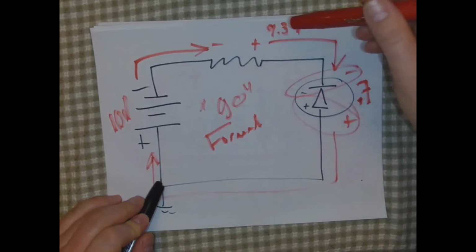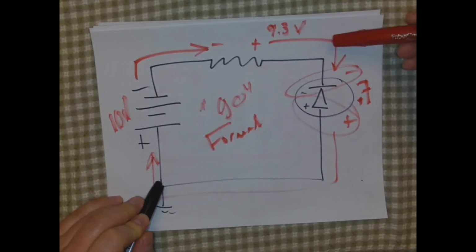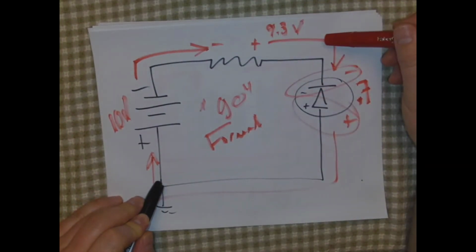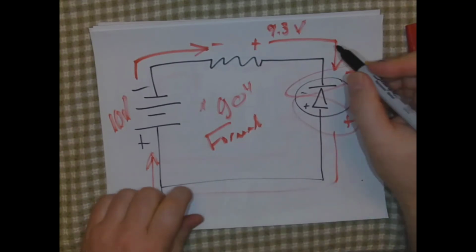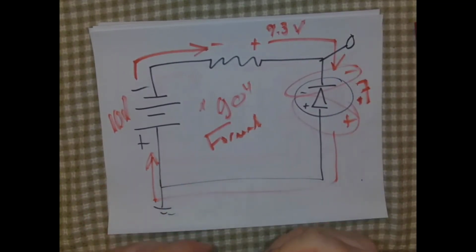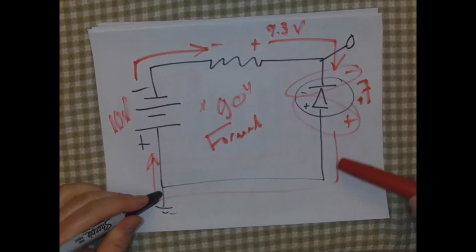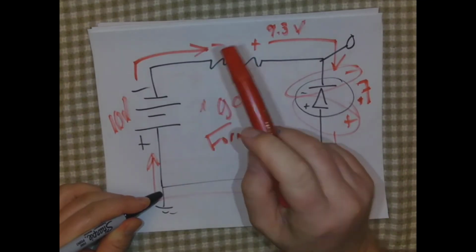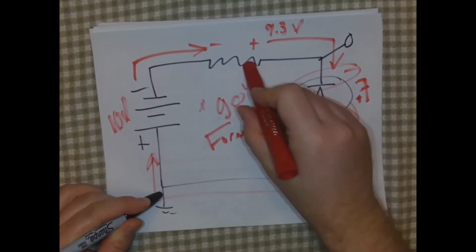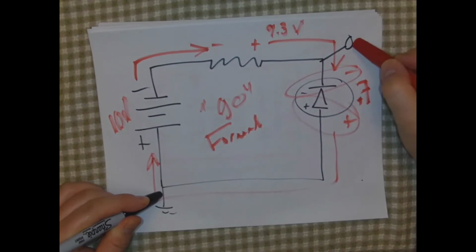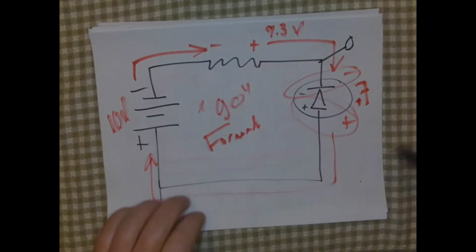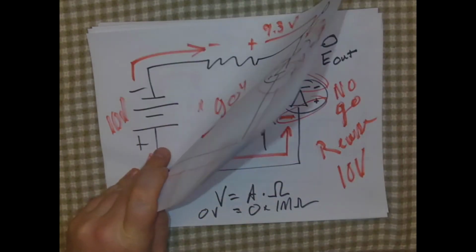So negative 10 plus 9.3 gets me to negative 0.7. Negative 0.7 plus 0.7 is 0. I have absolute values on my components, but my test points are labeled with polarities. Okay? So that's kind of the final piece of this.